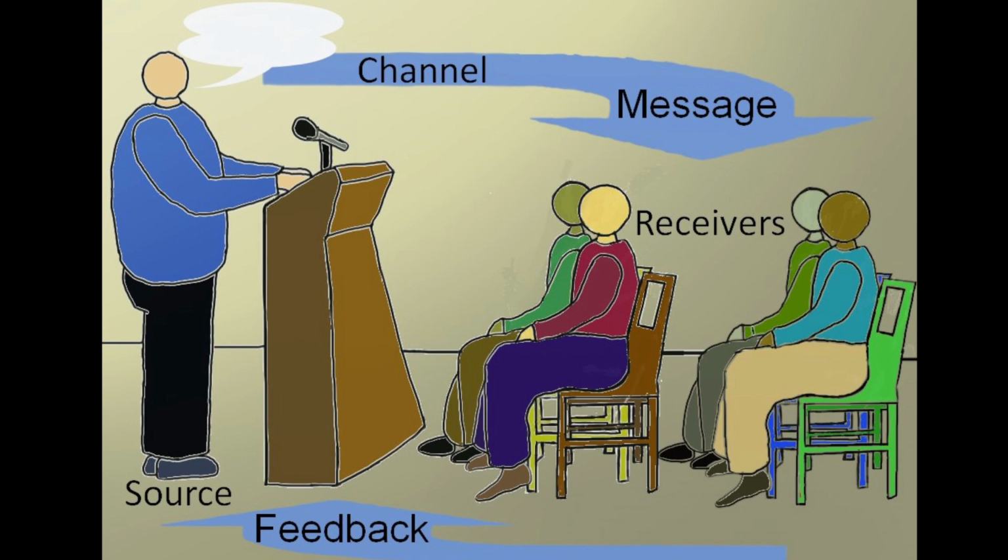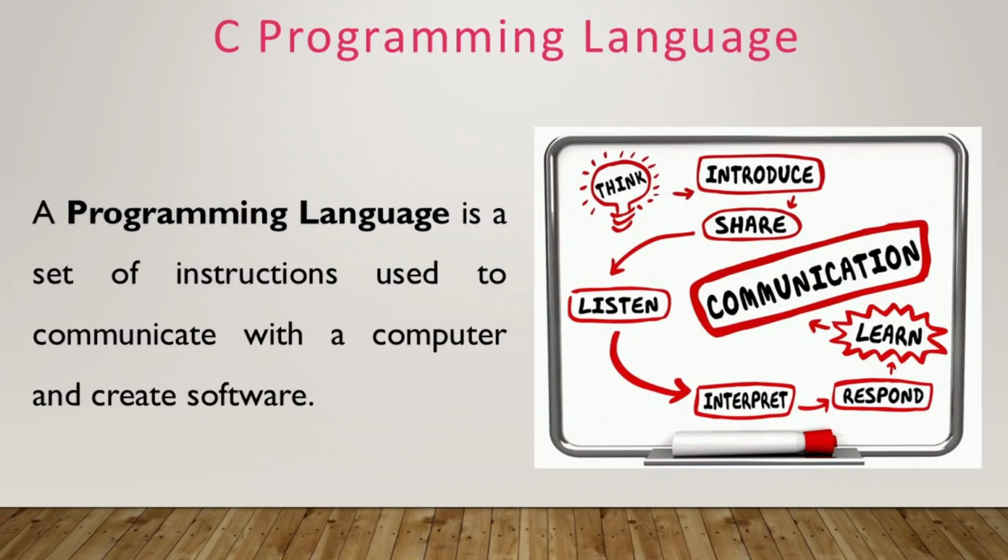Language is something which is used to communicate. So in computers also this communication happens. The only thing is that in computers the sender is the human, but the receiver is the machine, the computer, right?